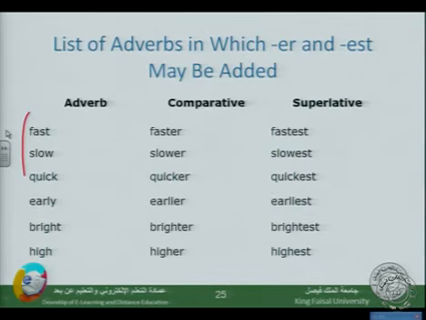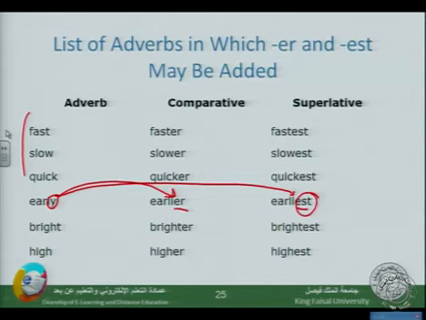Notice, these were one syllable, so we only added ER in the comparative and EST in the superlative. But early has two syllables and ends with Y. In this case we change Y into I and add ER to make the comparative form, and in the superlative we change Y into I and then add EST. Bright, brighter, brightest, high, higher, highest.